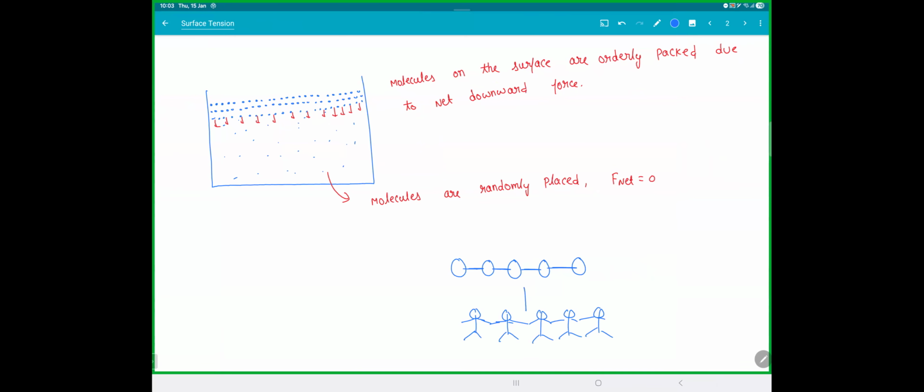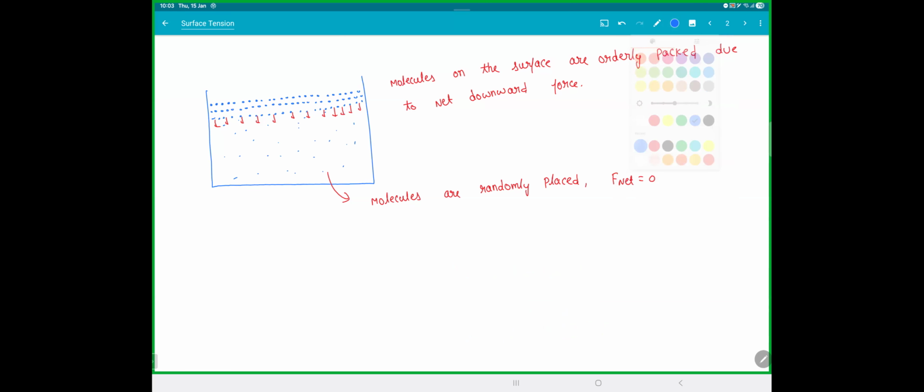So if you want to push through these people, what will happen? They're going to push you back, right? Because of this, the surface will actually start behaving like a stretched membrane. So think of the molecules on the surface like people who are catching their hands and standing in a line. And if you try to push through them, they're going to push you back.